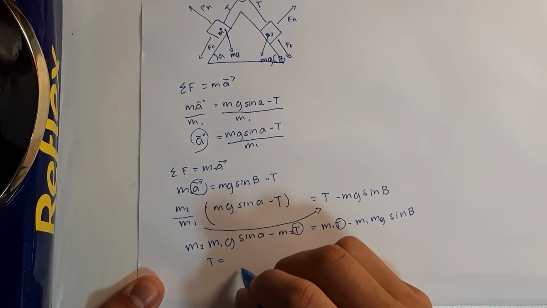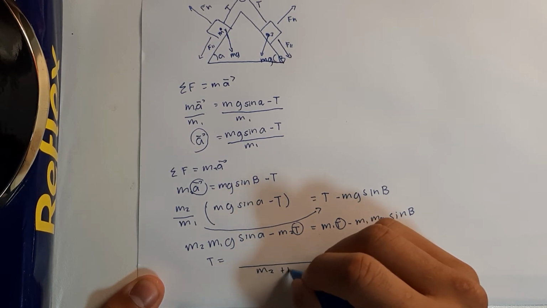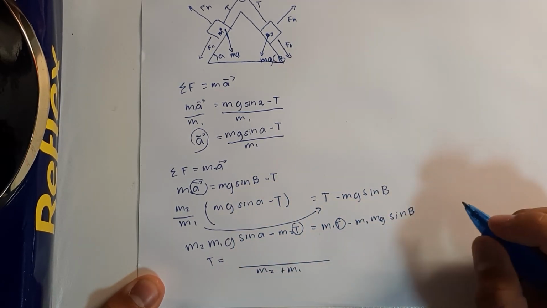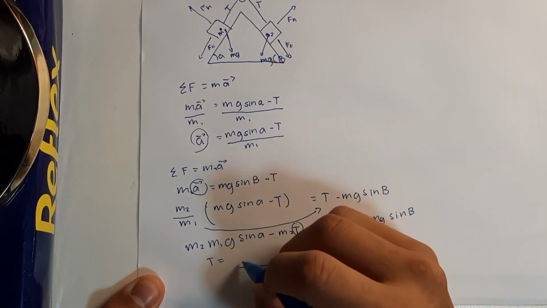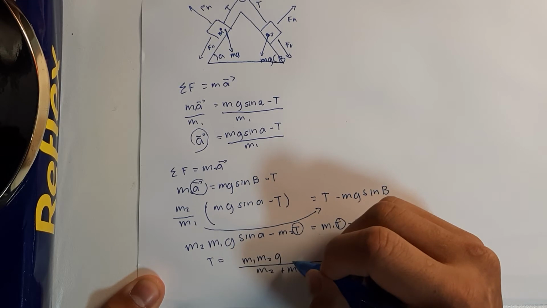Alright, so in the end we will get both the masses plus m1 as a denominator, and that's m1 m2 g.